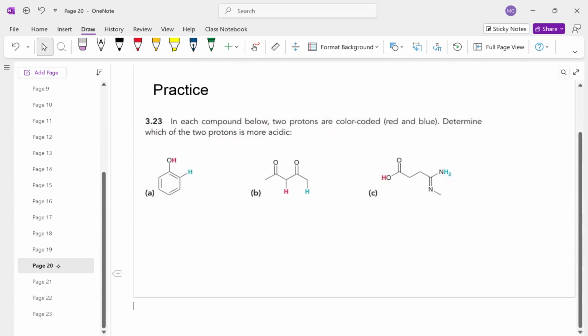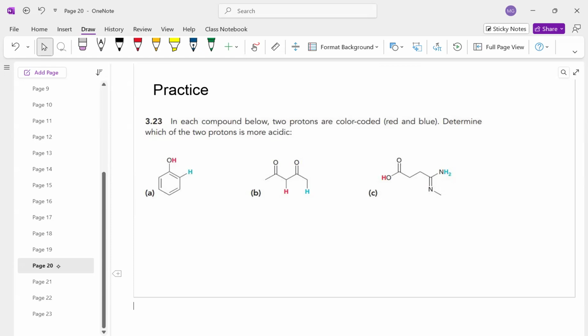All right, now another thing you should be able to do is that if a compound has multiple possible acidic hydrogens, you should be able to identify which one is the most acidic. So let's look at A, and we're going to compare red to blue. Let's imagine deprotonating both of them.